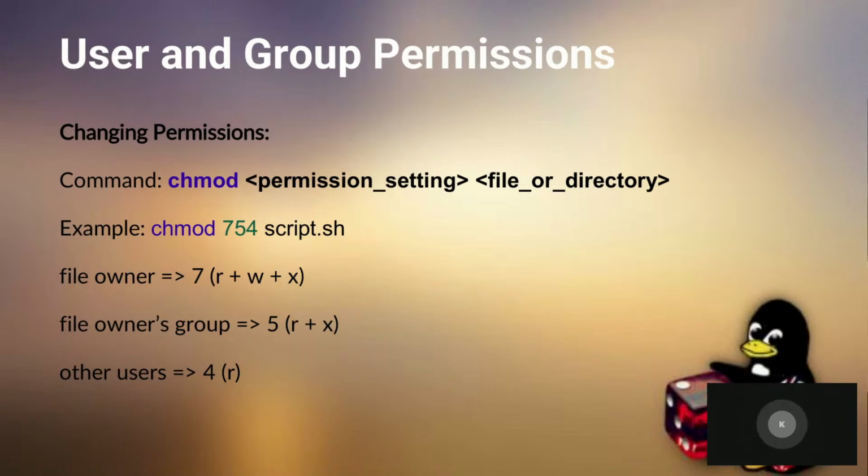So the group that the owner belongs to can read and execute, but cannot write or edit the file. Then other users have a permission setting of 4, which represents just read. That means the other users can only read. They cannot execute the file, and they cannot write or edit the file.